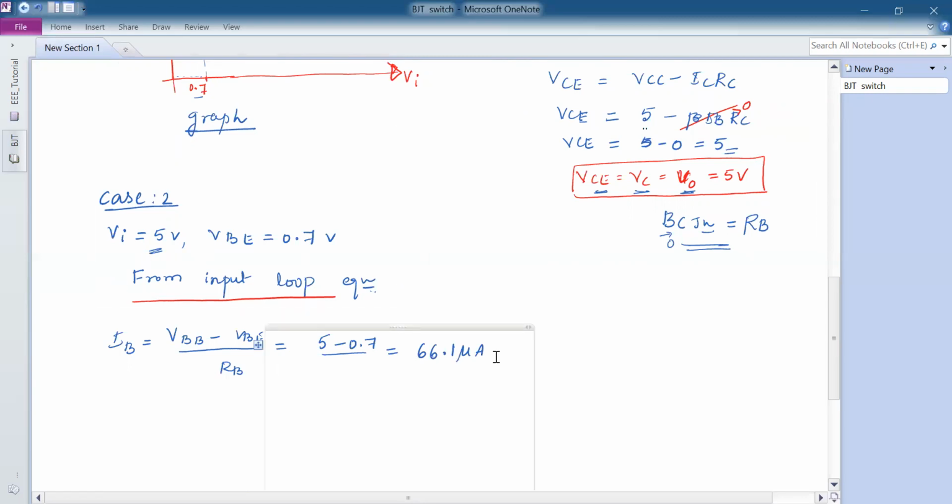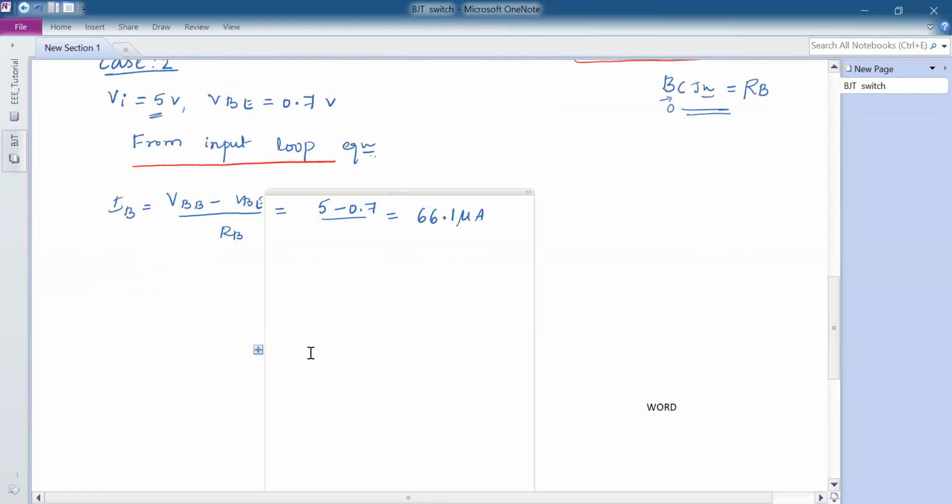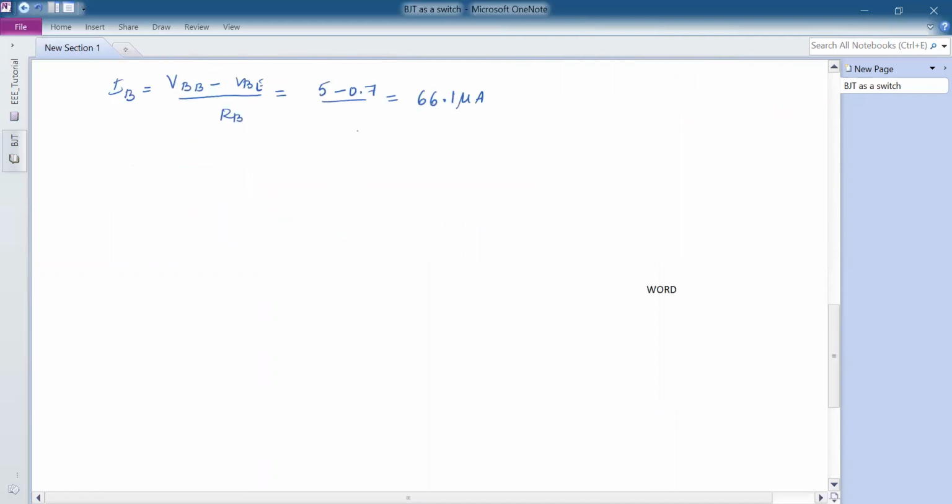Now with this, when I calculate the base current with this input loop equation, I get around 66 microamps.